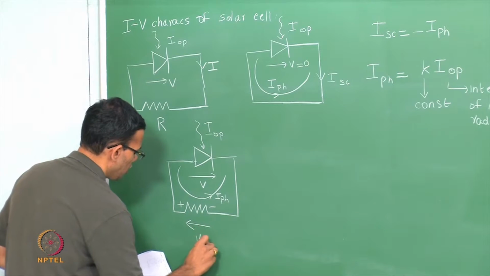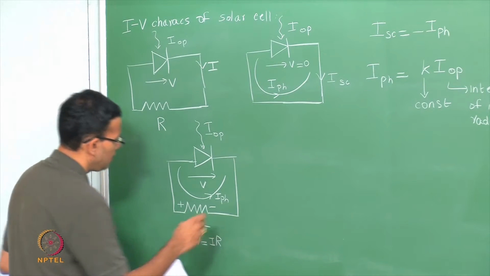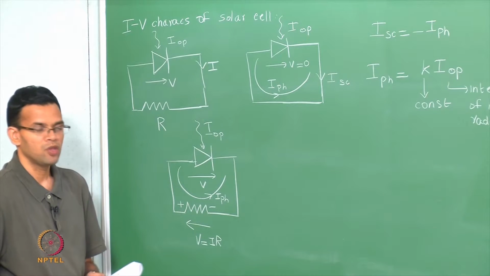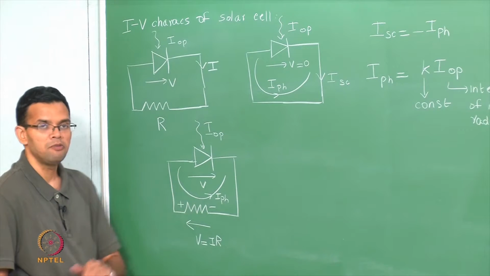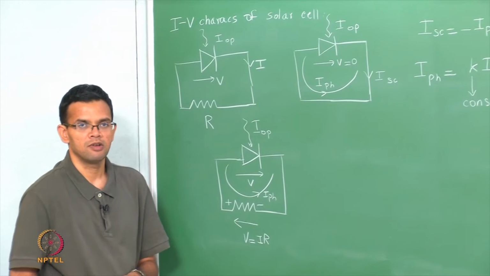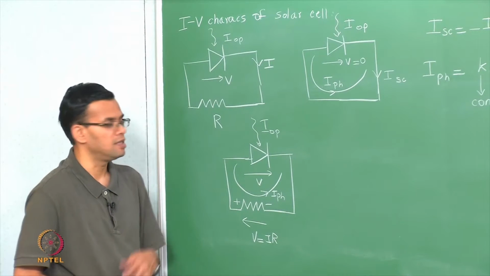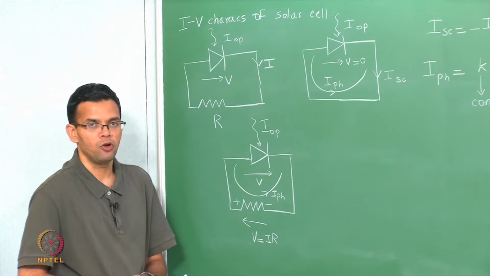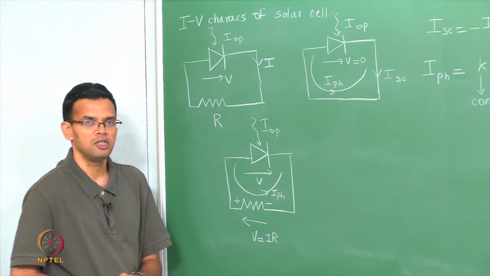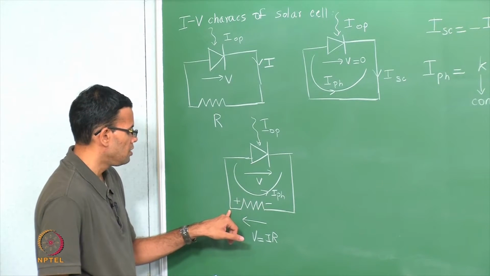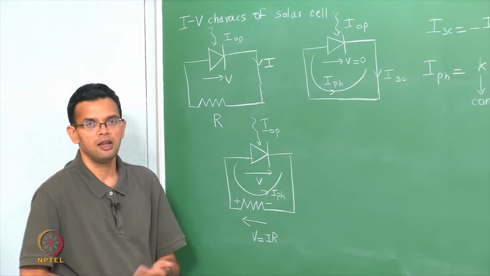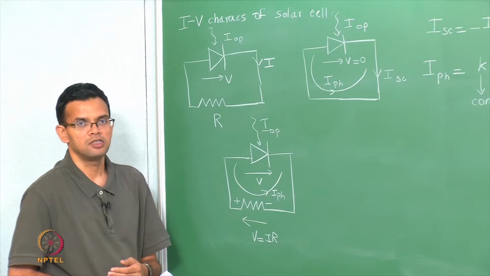This voltage across the resistor is IR, and this voltage opposes the inbuilt voltage of your p-n junction, because any p-n junction has an inbuilt potential or voltage which is your contact potential, and the photocurrent basically generates an external potential that opposes this.